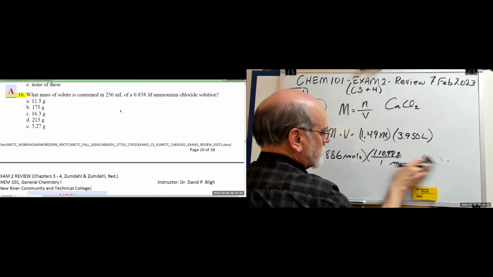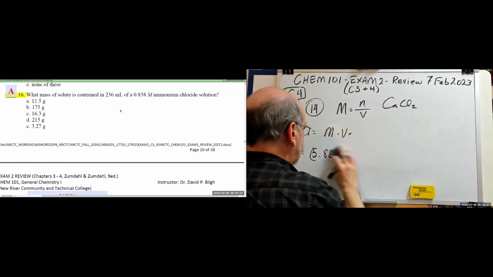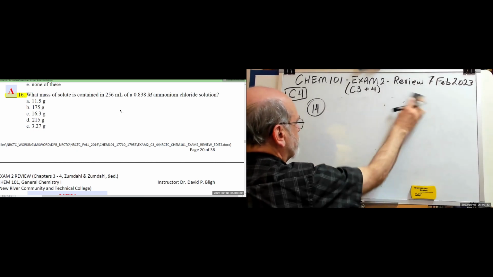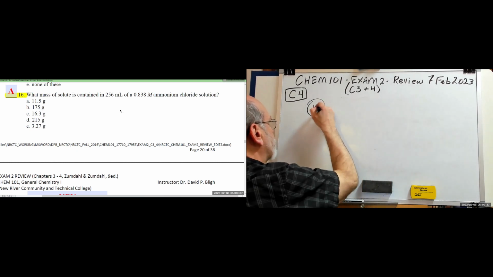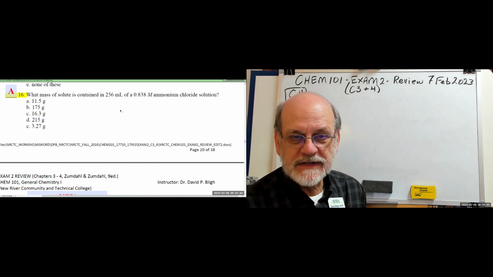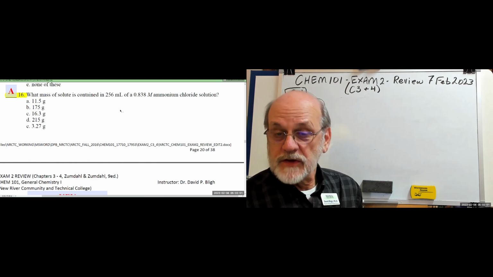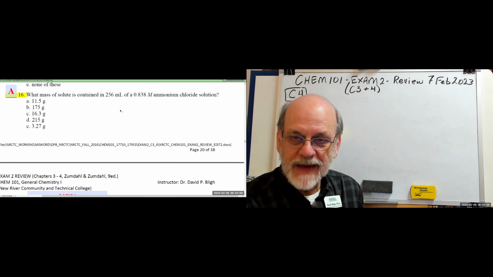16. What mass of solute is contained in 256 milliliters of 0.838 molar ammonium chloride solution? Okay, so we can use our formula to determine the moles of ammonium chloride. Then we have to convert it to mass.